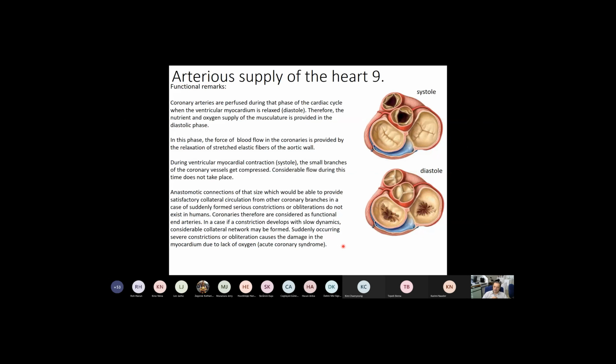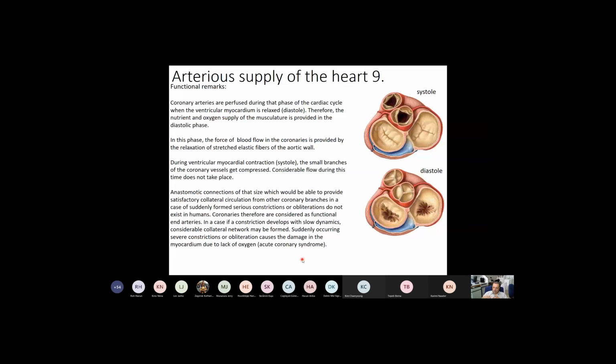In rare cases, if some diseases develop slowly, it might happen that considerable collateral circulation develops, but in a heart, usually we don't have such a thing. Therefore, if suddenly, acutely, the coronary artery gets blocked by something, almost always distal to the place of the obliteration, because of the lack of oxygen, the tissue dies, and the so-called acute coronary syndrome occurs, what people usually know as a heart attack.